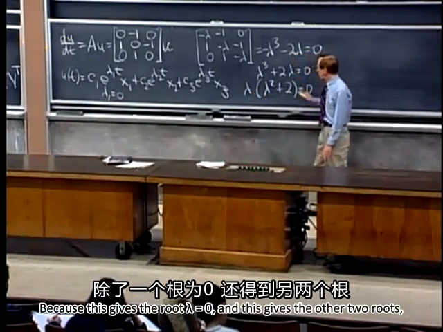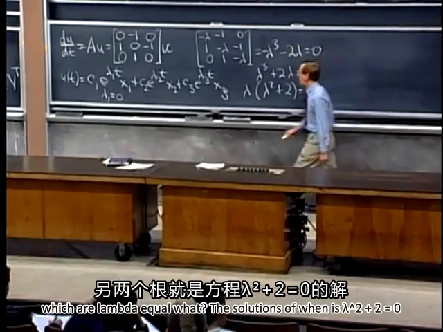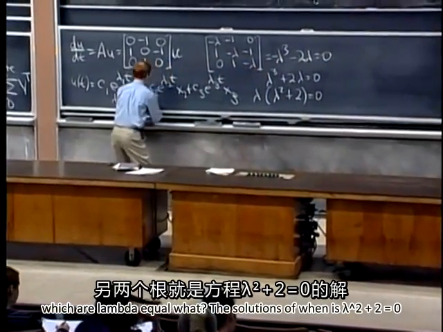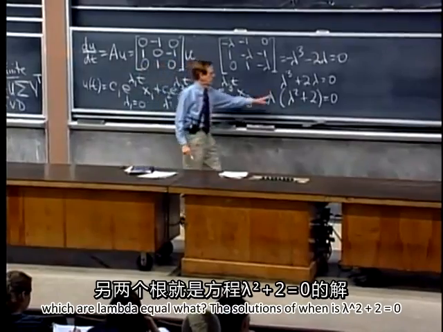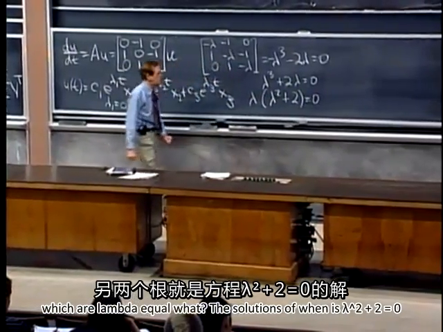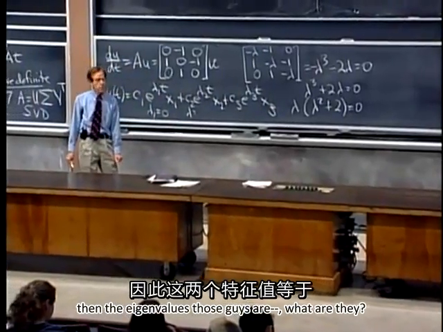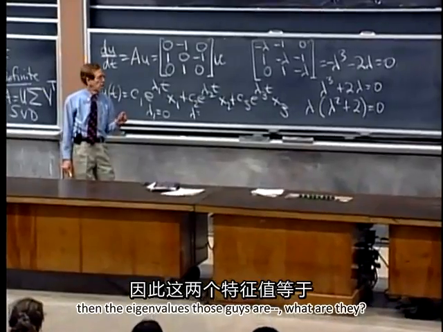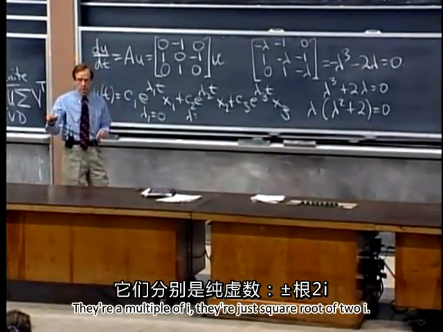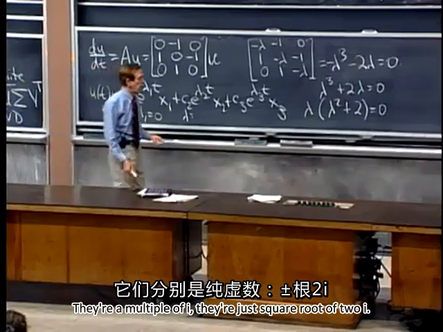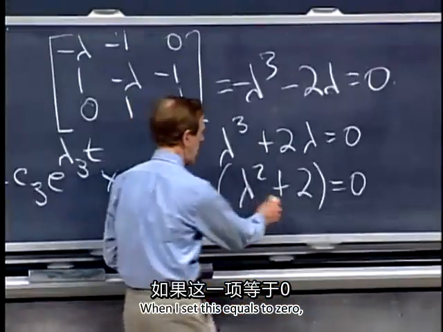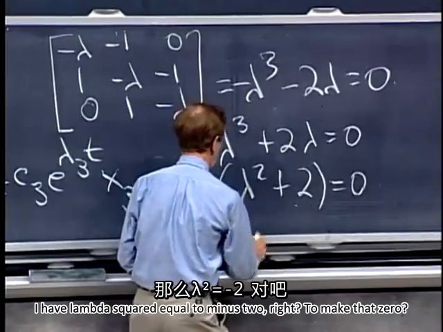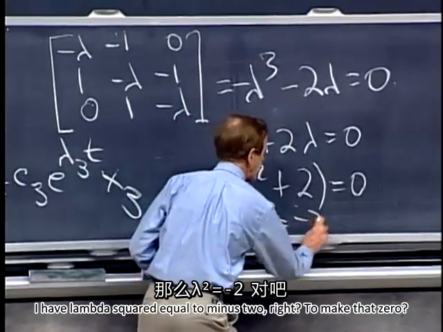And this gives the other two roots, which are lambda equal what? The solutions of when is lambda squared plus 2 equals 0, then the eigenvalues, what are they? They're a multiple of i. They're just square root of 2 i. When I set this equal to 0, I have lambda squared equal to minus 2, right?